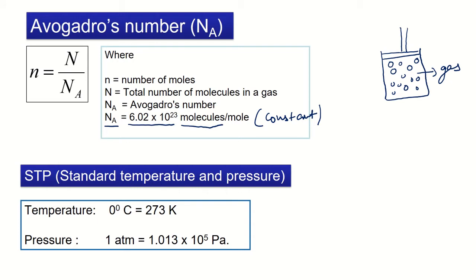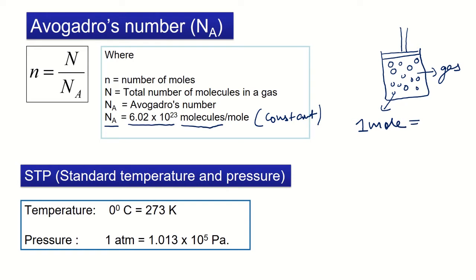And how much gas? The gas is measured in terms of the mole. So the amount of the gas, we say how many moles. So if I say in this gas cylinder there is 1 mole of gas, the amount of the gas is 1 mole.